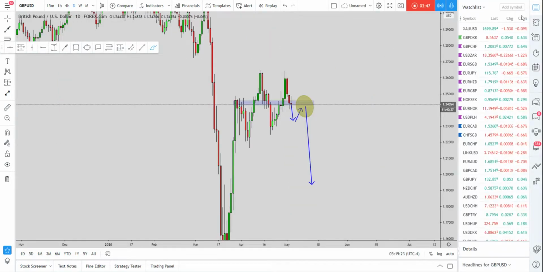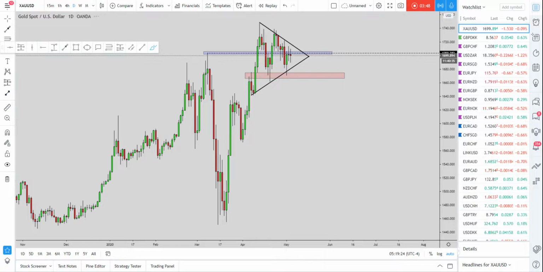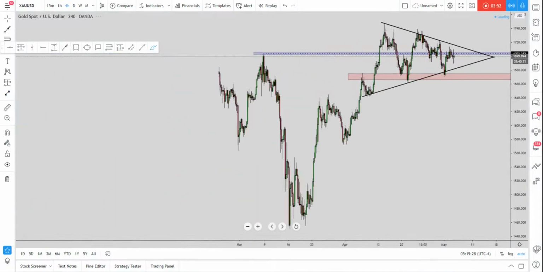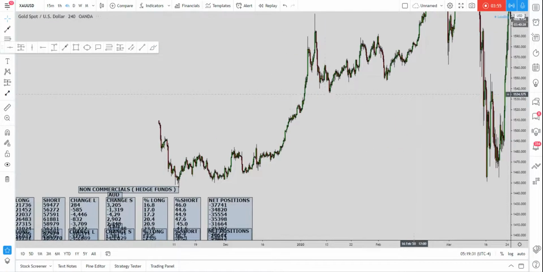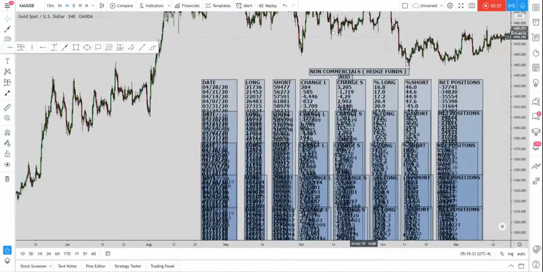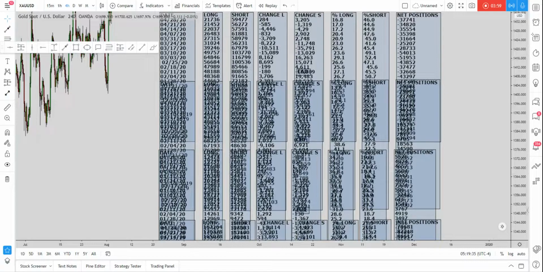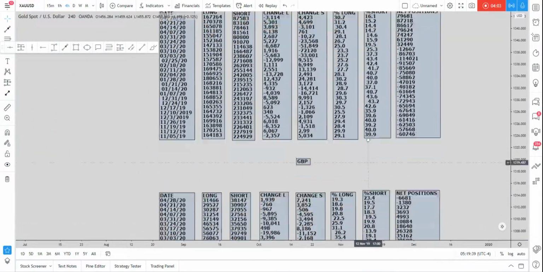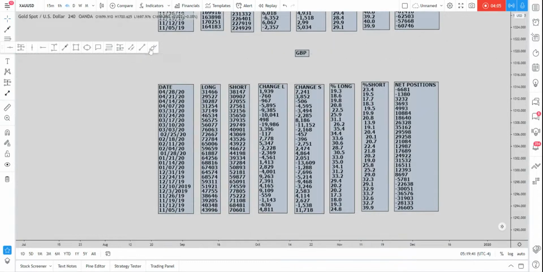setup. Now, from a COT perspective, if we go and check what hedge funds are doing at the moment on GBP, and basically if you check GBP, you're obviously checking GBP USD. Why? Because all currencies on the spot are traded against the USD. Therefore, if we look at our GBP COT data, we're actually checking GBP USD.